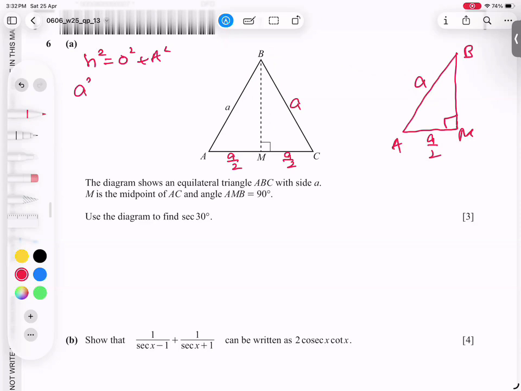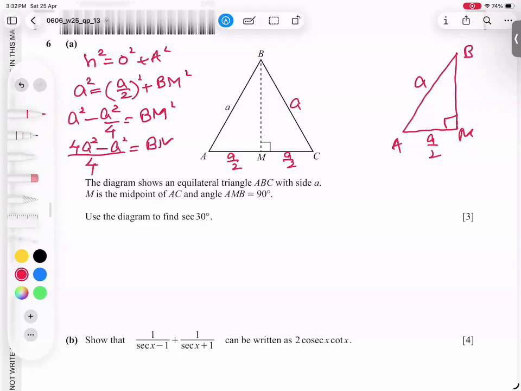I'm getting A squared is equal to (A by 2) whole squared plus BM squared. A squared minus A squared over 4 is equal to BM squared. 4 ones are 4. Basically, in fractions, 4 multiplied with A squared, we get 4A squared minus A squared equals BM squared.